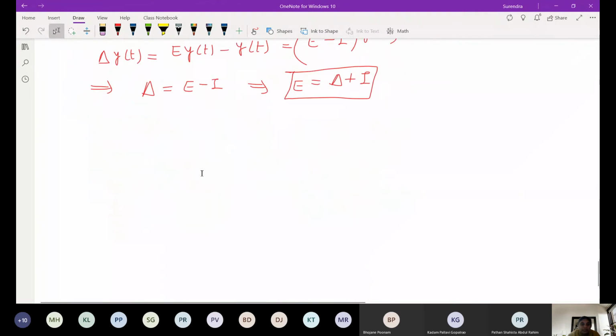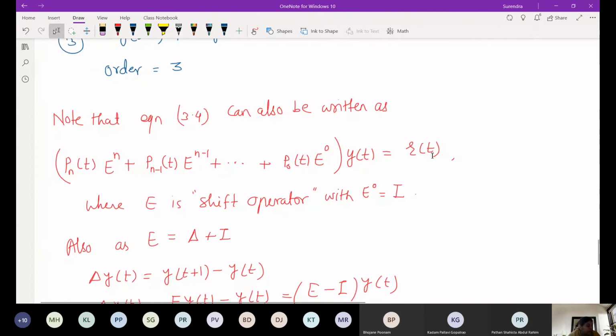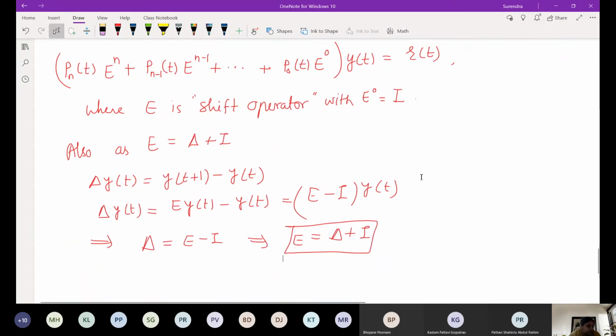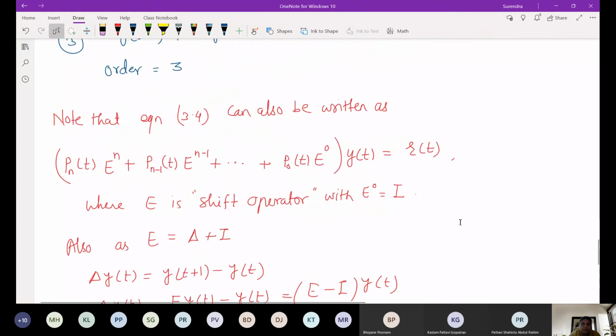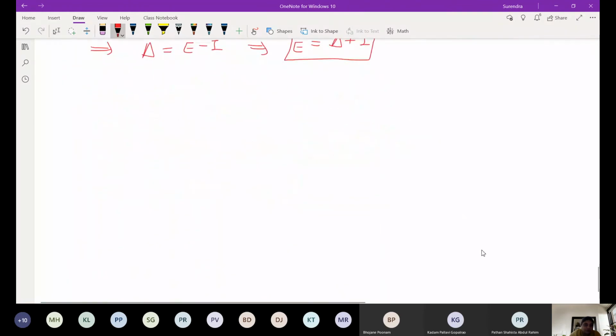So as E is equal to delta plus I, this 3.4 I can write in terms of delta also. So we can write equation 3.4 in terms of the difference operator also.